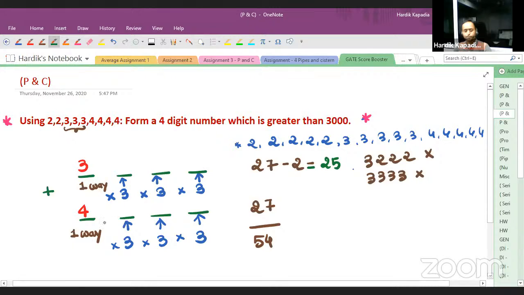So now for 4, if I use 2 over here, I can, but 2 in all places I cannot. So one more number, 4 2 2 2, is not possible.